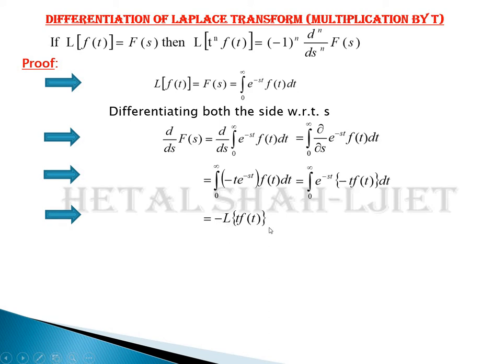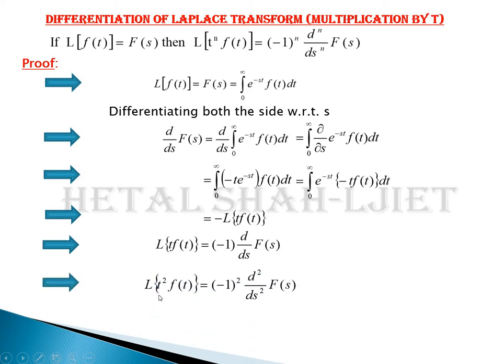If we take the minus sign common, this is the Laplace of t f of t. So we can write Laplace of t f of t is equal to, if we keep this minus sign on the left, minus d by ds of F of s.